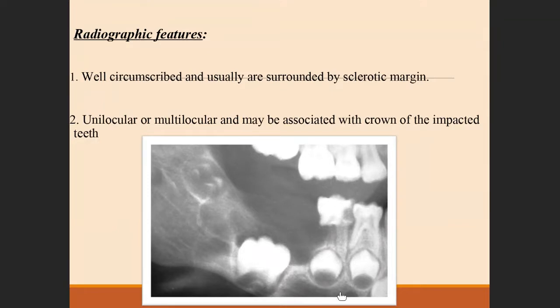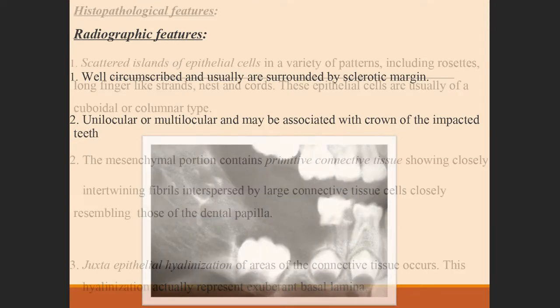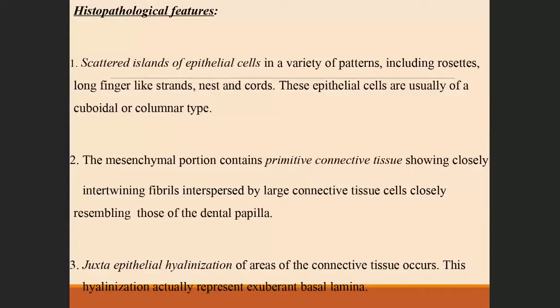So very good differential diagnosis radiographically is your OKC, ameloblastomas, then when it is associated with impacted tooth, dentigerous cyst and unicystic ameloblastomas. Now what can you see under the microscope? So here you remember that both the epithelium and the mesenchymal component is proliferating. So you can see the epithelial tissue also proliferating along with the connective tissue element.